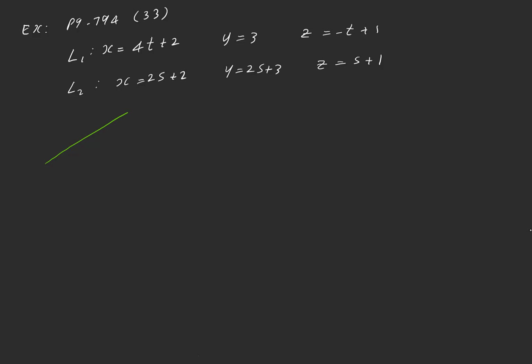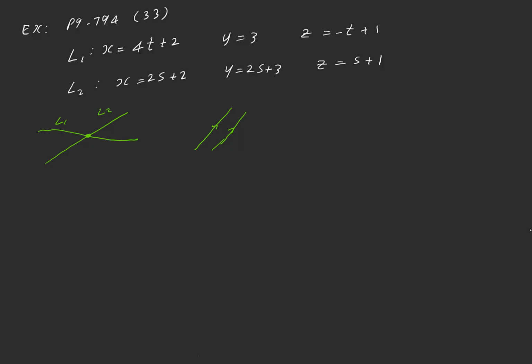Suppose two lines like this intersect. This is L1, this is L2. You see there is a common point for both. If two lines intersect, there must be a common point. But if these two lines are parallel, then we cannot find a common point.